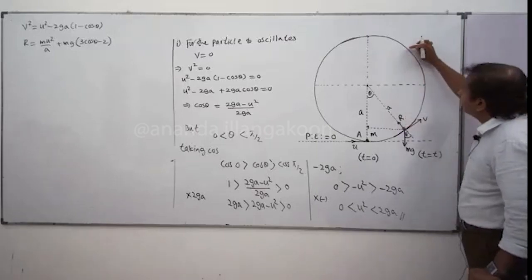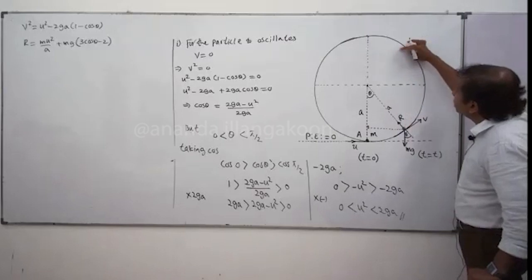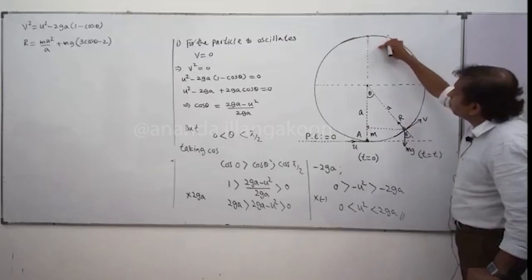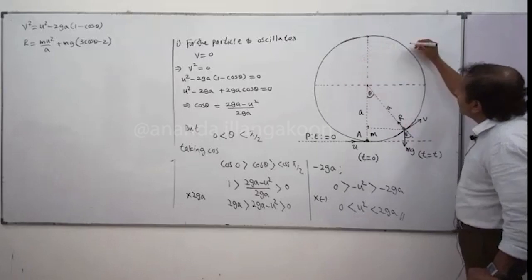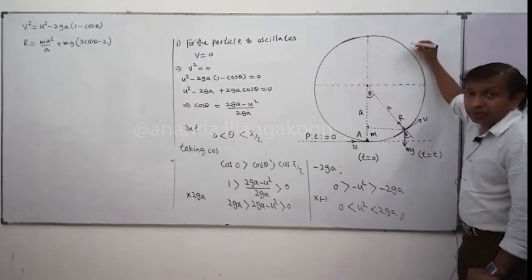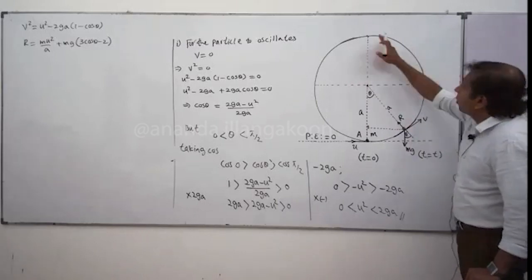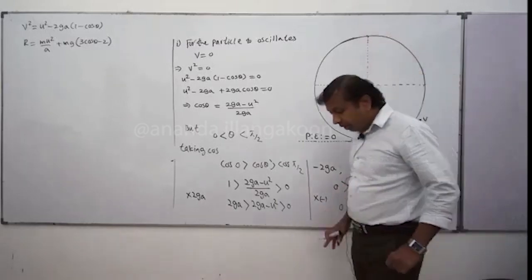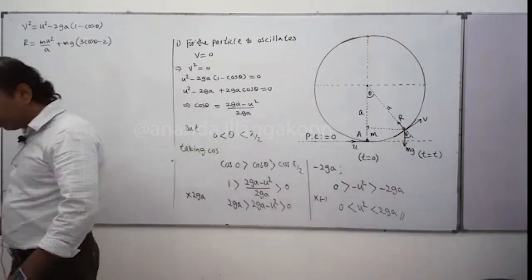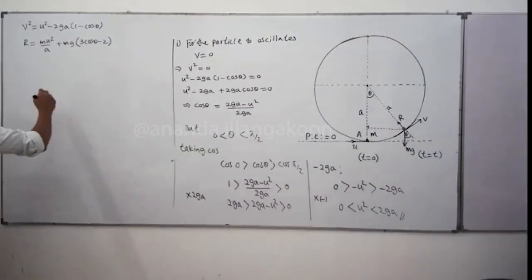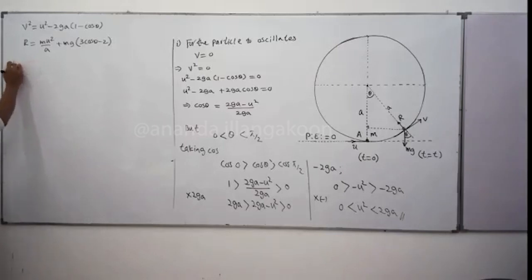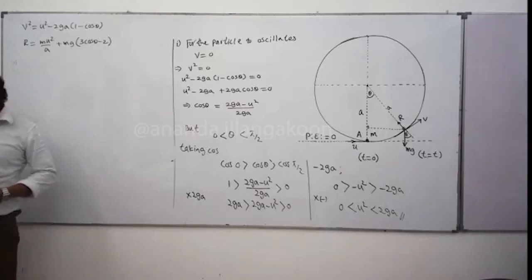So at the moment the particle leaves this surface and begins to move as a projectile under gravity, R is 0. That moment occurs after this level, before this. So we first put R equals 0. When the particle leaves the surface, R equals 0.